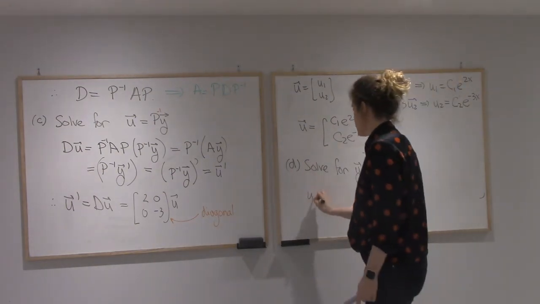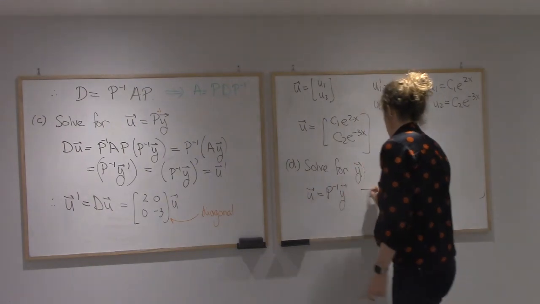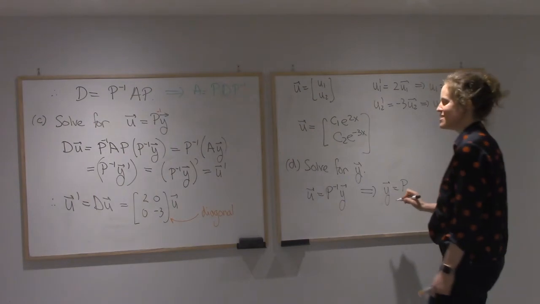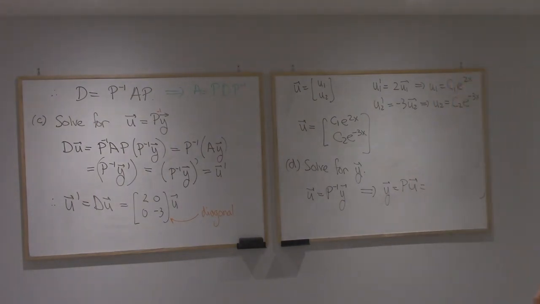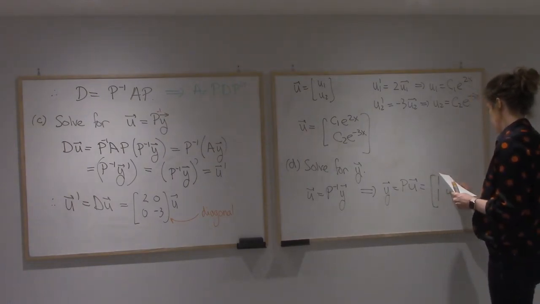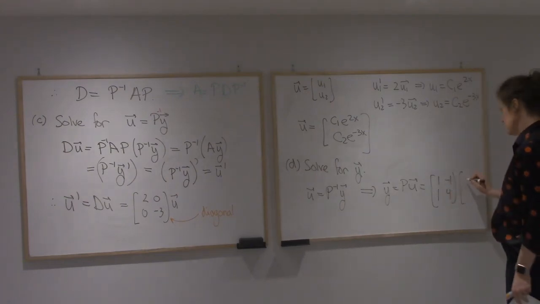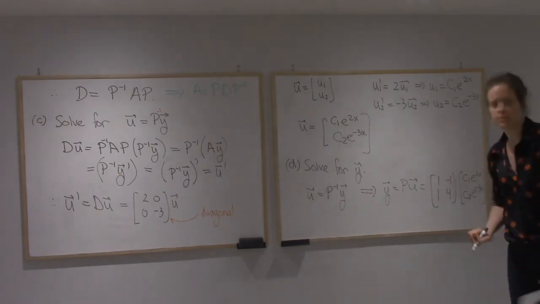But since u is P inverse y, that means that y is Pu. Sorry. P was, I have it here, 1, 1, minus 1, 4, and then u is c1 e to the 2x, c2 e to the minus 3x.